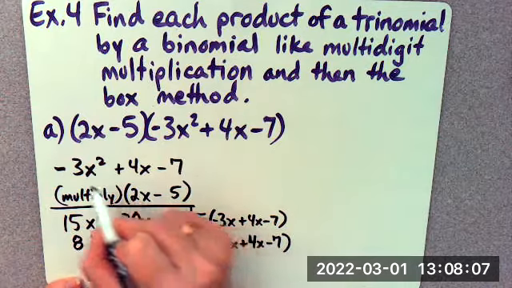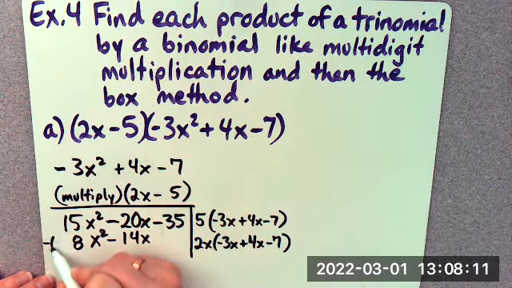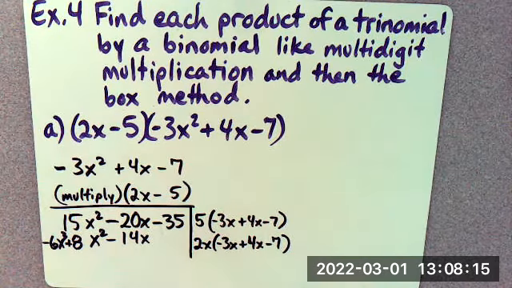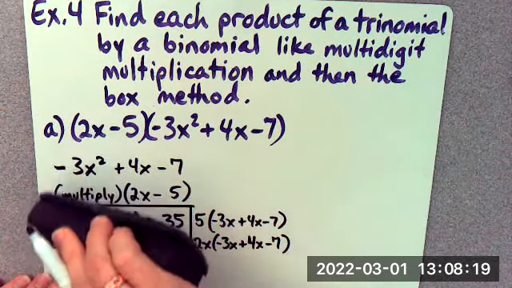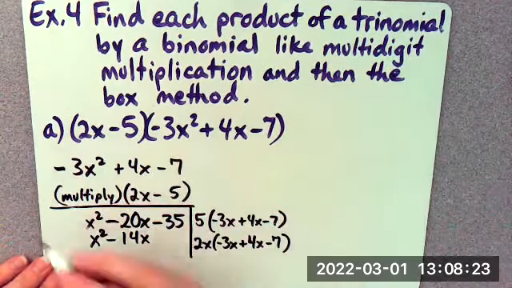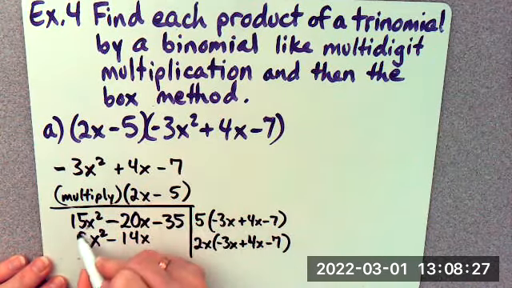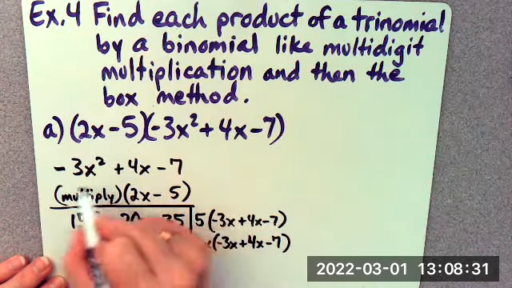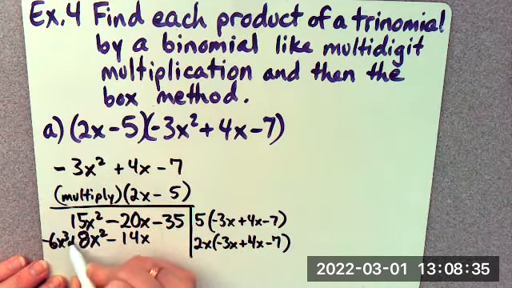And then I have 2x times negative 3x squared gives me negative 6x cubed. All right, I'm going to make a little room here so it looks nicer. So we're going to scoot this one right like this. And then that was negative 14x here. That was 8x squared. And then this was negative 6x cubed.